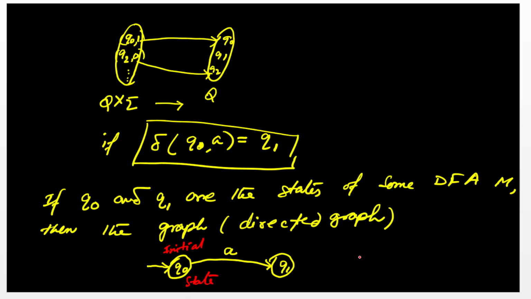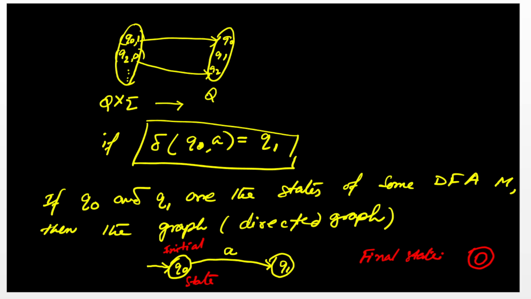And final states are basically represented with a double circle. In that way, it is a final state. We can represent it in that way.